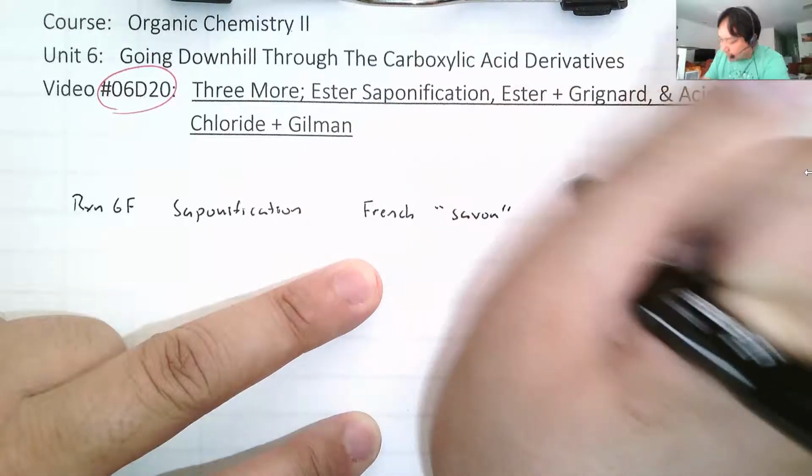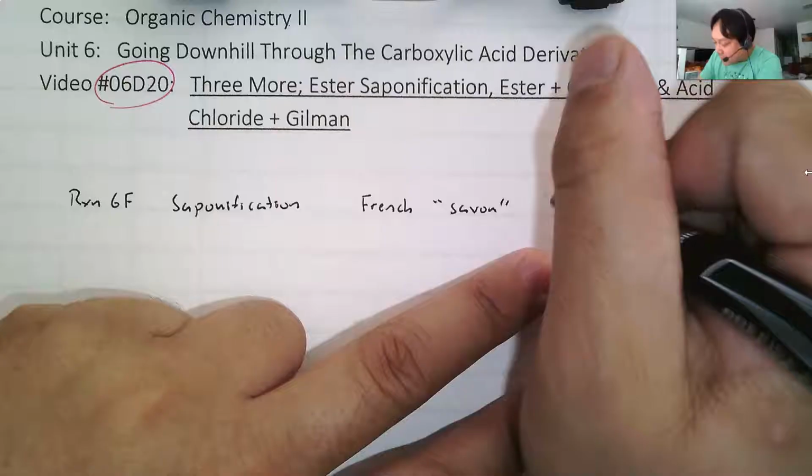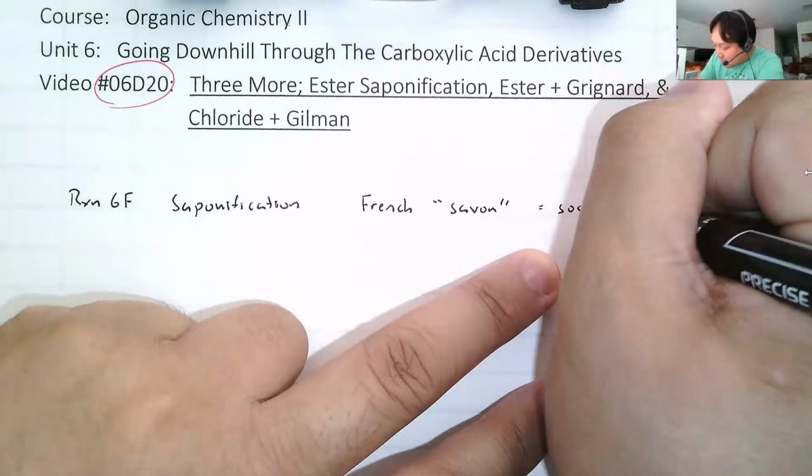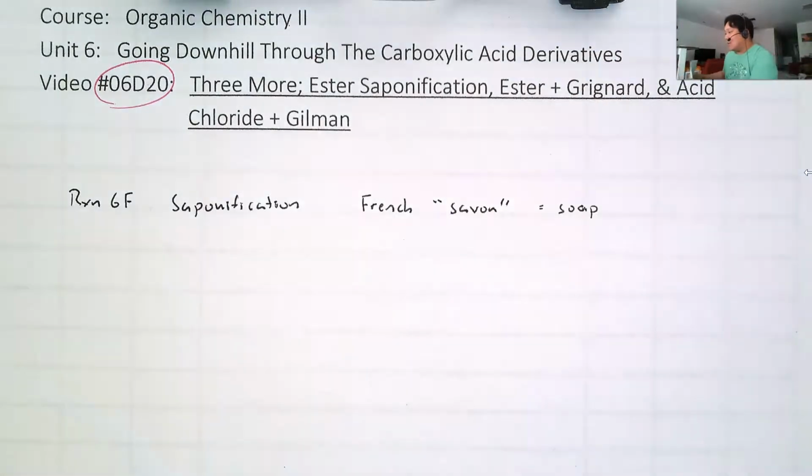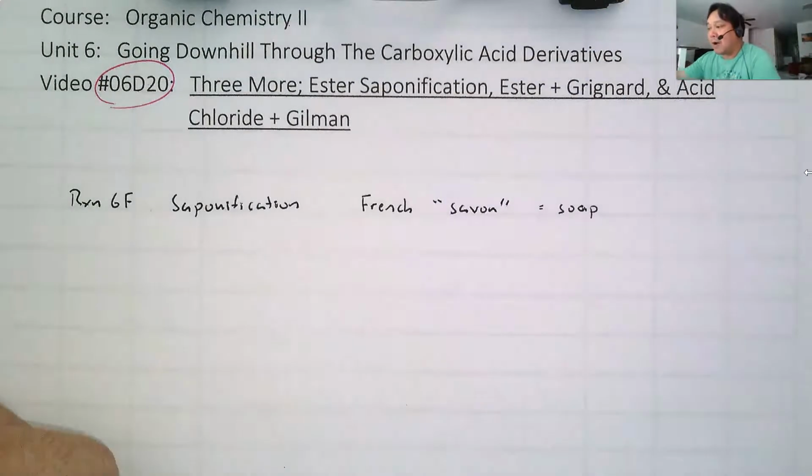Savon. That equals soap. So actually, the process of saponification is how people made soap in colonial America, in Egyptian times.